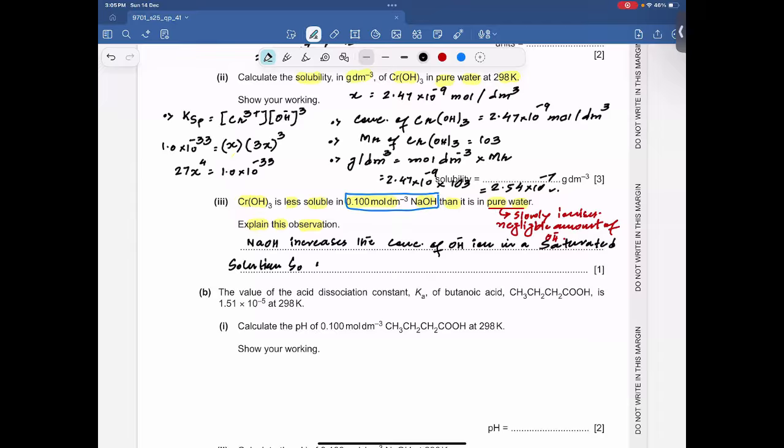So equilibrium favors towards left hand side due to common ion effect.